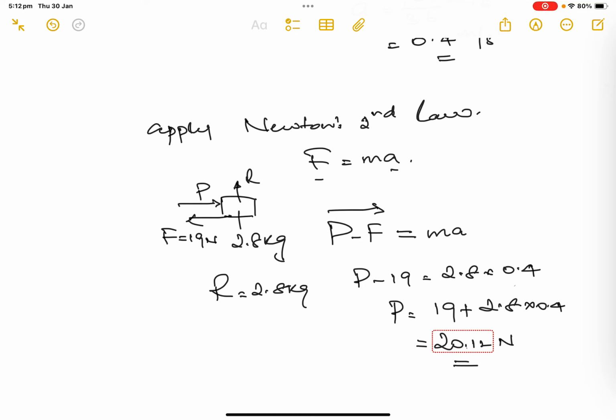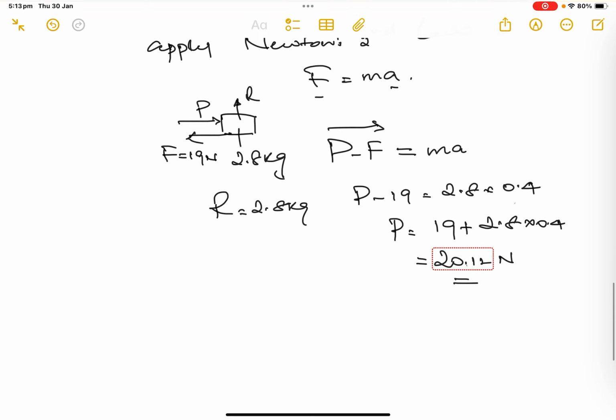For the horizontal forces, Rory pushes left to right with P, and the friction is right to left, F equals 19. Applying F equals ma, P minus F equals m times a.